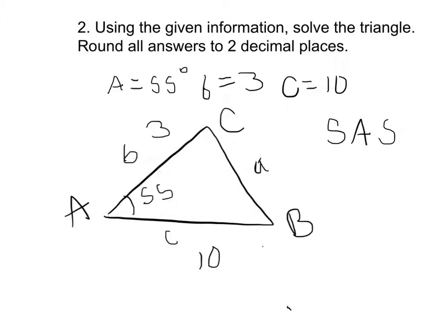Example 2 says, using the given information, solve the triangle, round all answers to 2 decimal places. We are given that A equals 55 degrees, B equals 3, and C equals 10. And this is a side-angle-side triangle.